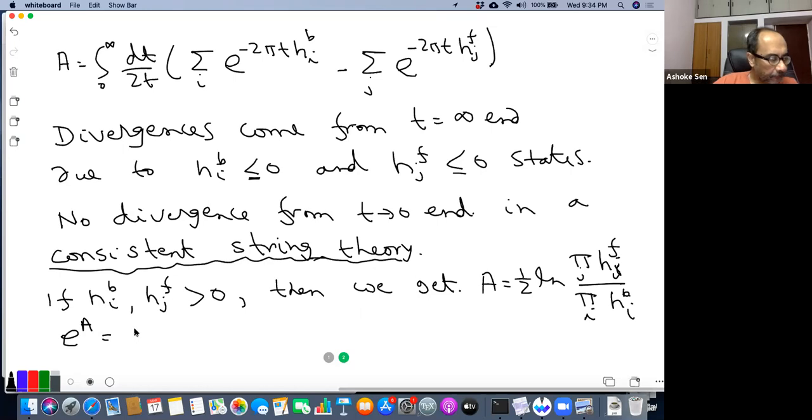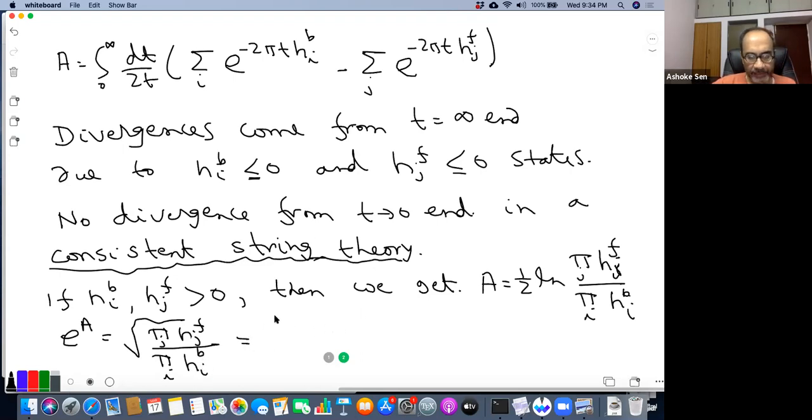which is the ratio of the product of HJF over the product over I of HIB, can be written as an integral now.